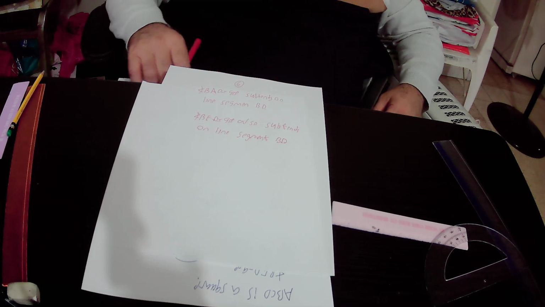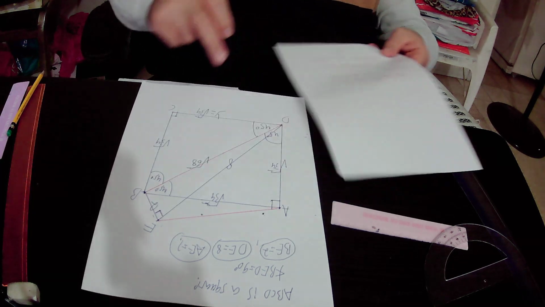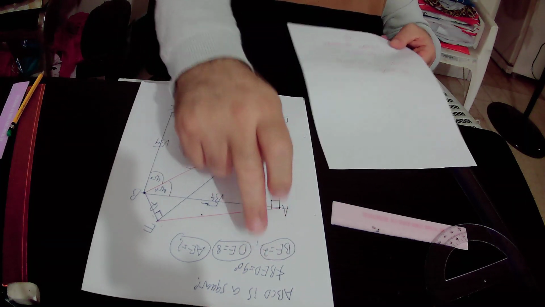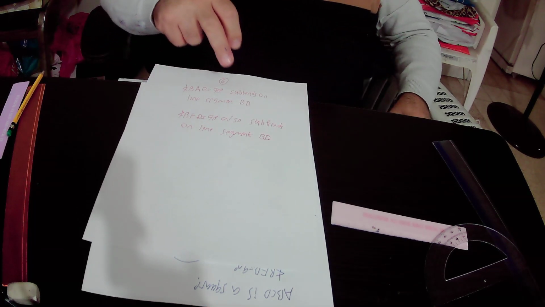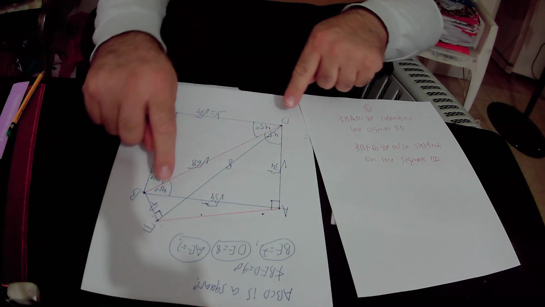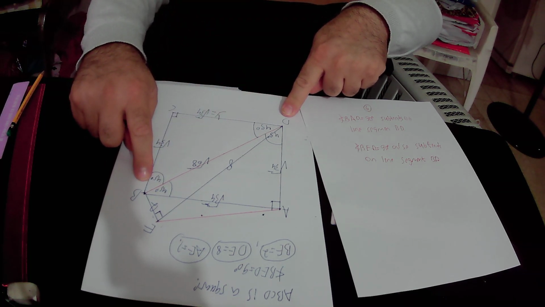I will repeat again, angle BED equals 90 degrees according to what is given in the question. Angle BED also subtends or rests on line segment BD.